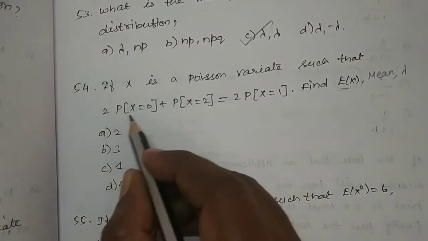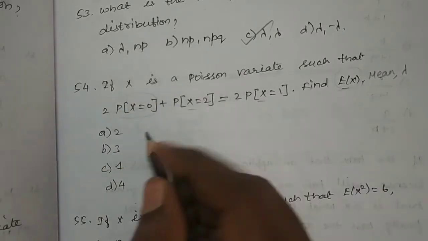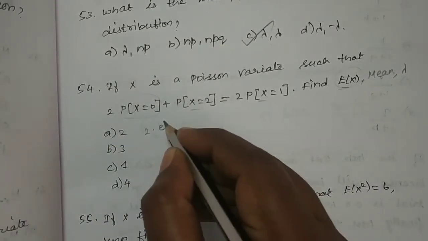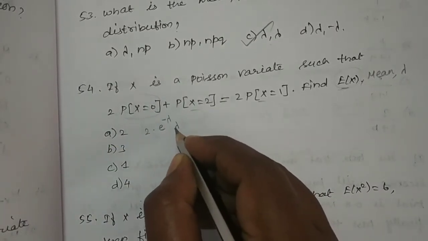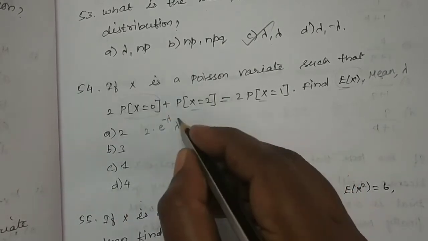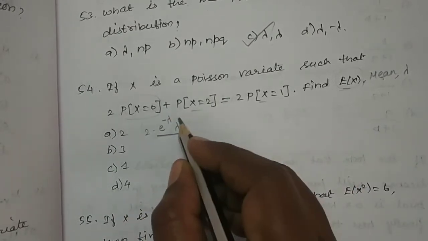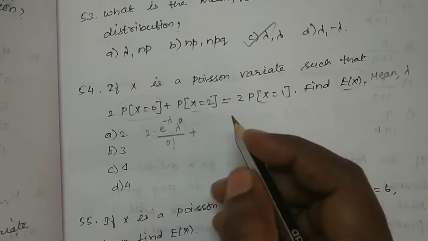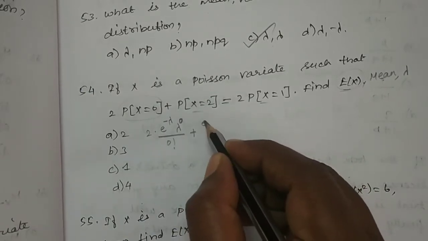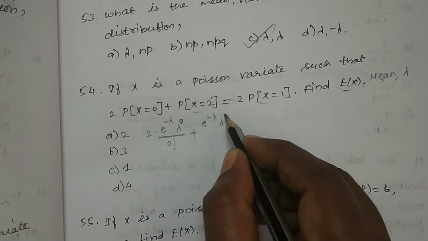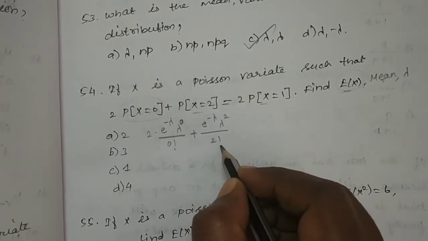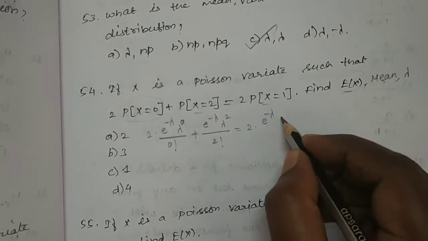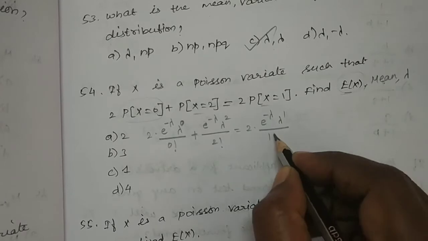So first let us apply the formula for all these three terms. 2 into, the formula is e power minus lambda, lambda power x, here x is 0, by 0 factorial. This is for the first term. Then for the second term, e power minus lambda, lambda power 2 by 2 factorial, equal to 2 into e power minus lambda, lambda power 1 by 1 factorial.